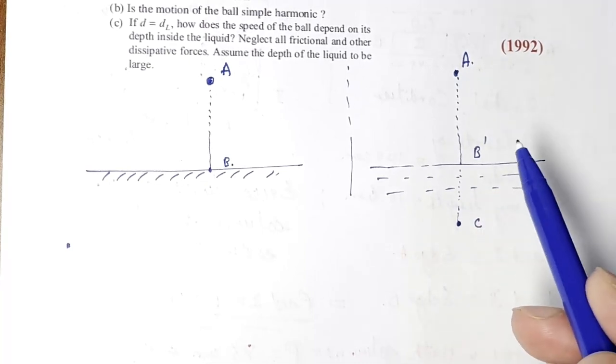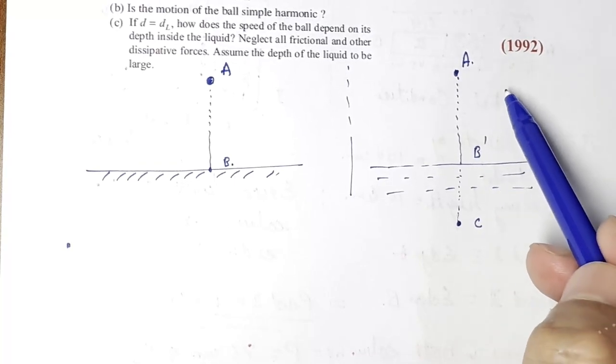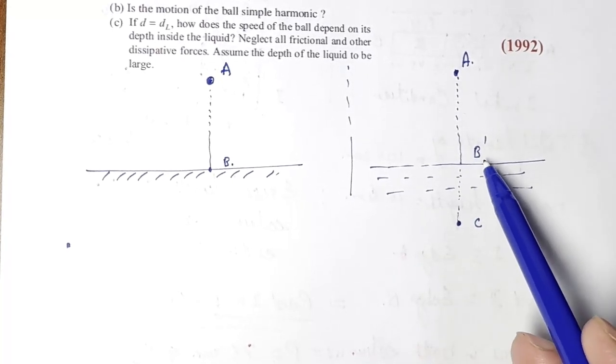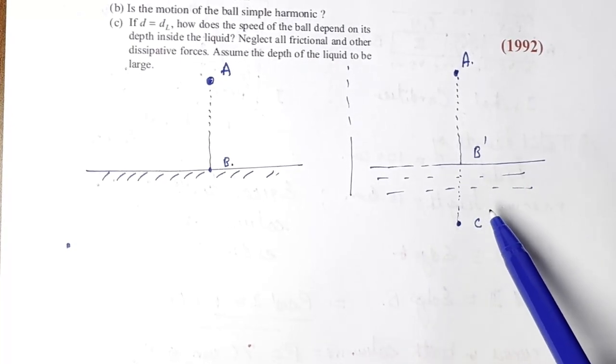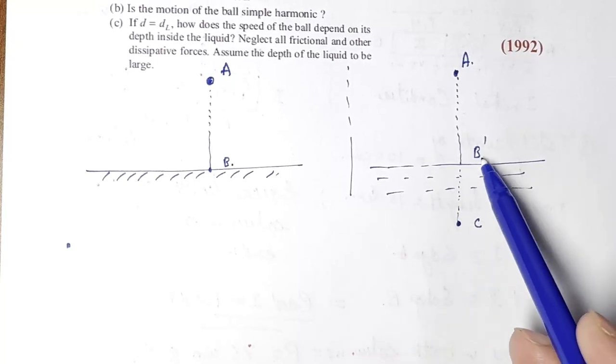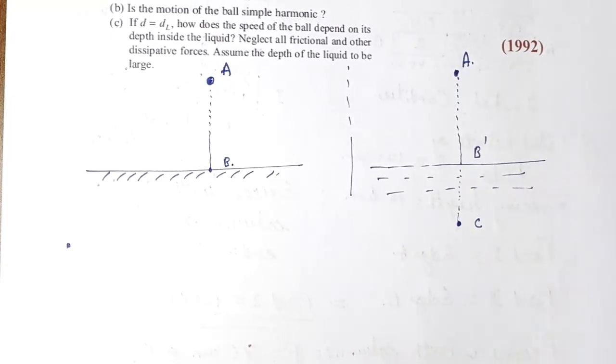So we have to find out the total time it takes from A to B prime within the air, B prime to C inside the liquid, then again from C to B prime inside the liquid, and B prime to A inside the air.